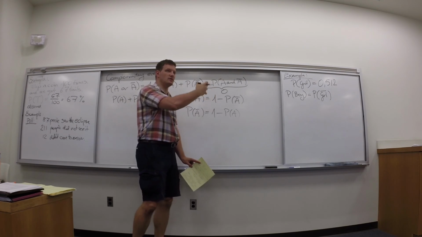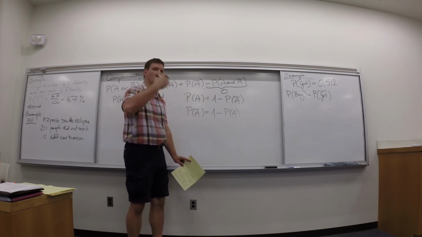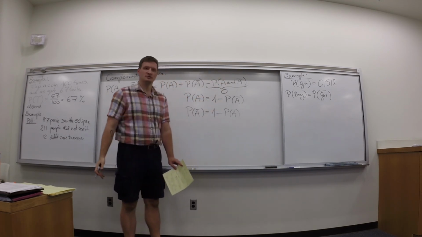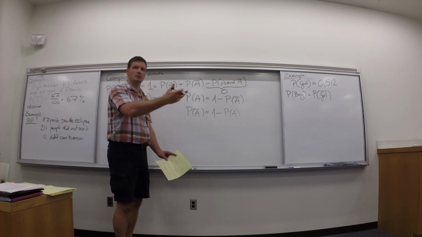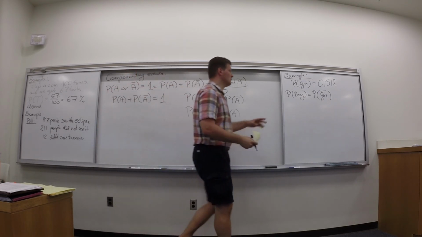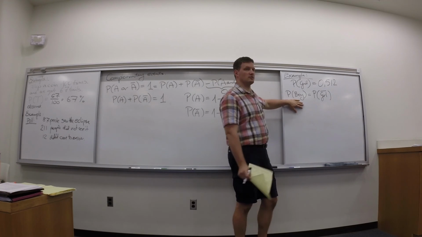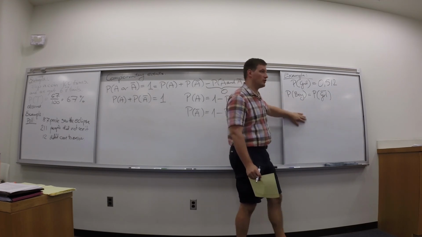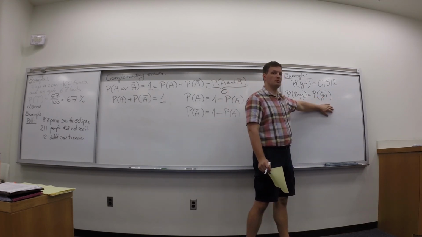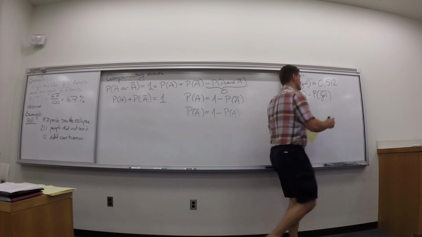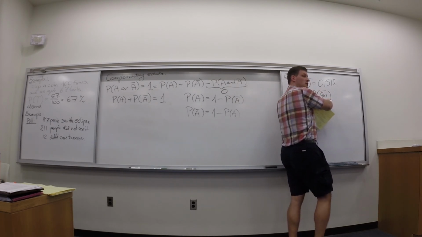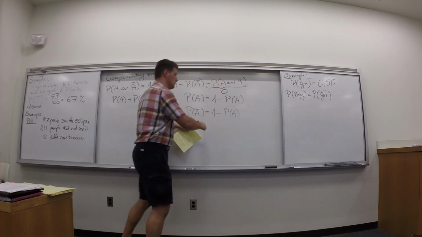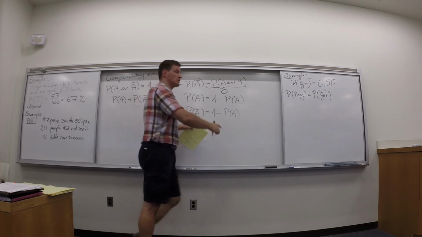Now I understand this is a very simple example, and we jump to 1 minus that, which works, but let's think about it in terms of, if I ask you the probability of a boy, we know it is the complement of the probability of a girl, which is 1 minus the probability of a girl.